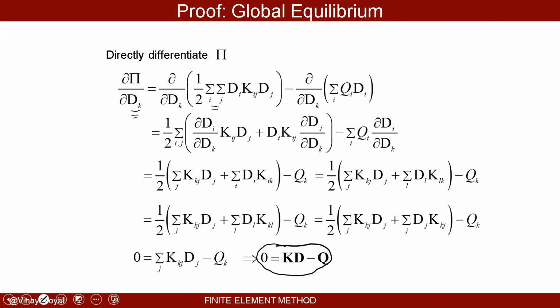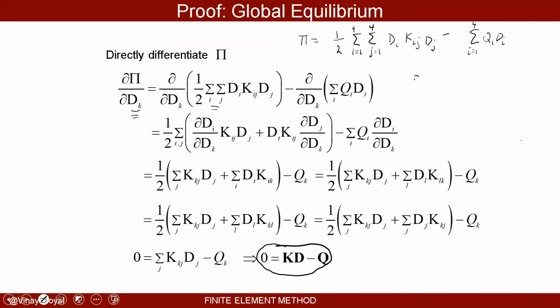Instead of using summation, because that could be confusing, say pi is equal to 1/2 summation, and then just do I equals 1 to 4, just randomly. J equals 1 to 5, just for fun. Sorry, just make it the same, 4. And then do D_I K_IJ D_J, minus the summation of I from 1 to 4 of q_I D_I.